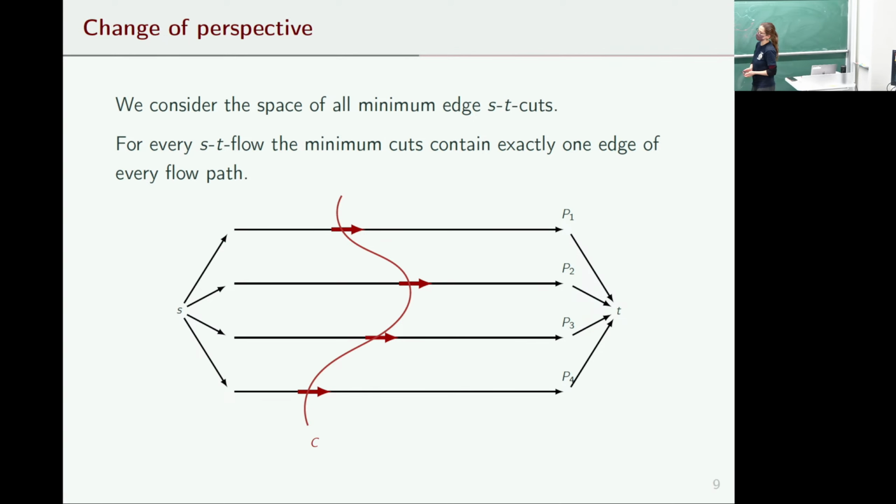Right, so it looks a little bit like this. I have this cut, and since it has to at least delete all of these paths, it definitely has to contain an edge of every one of these.